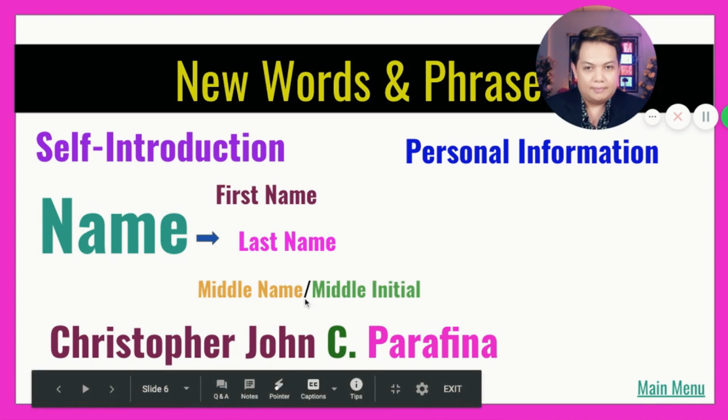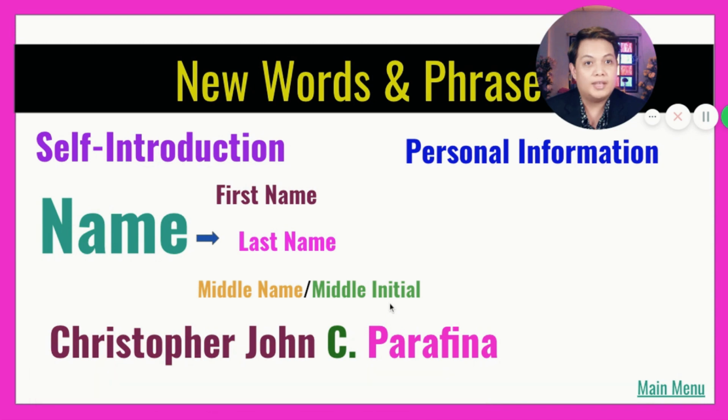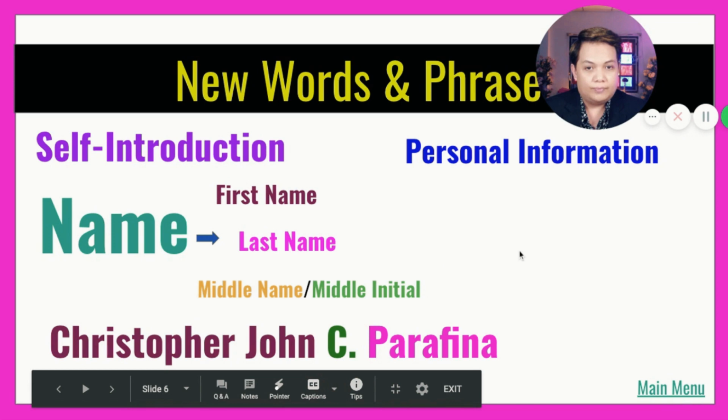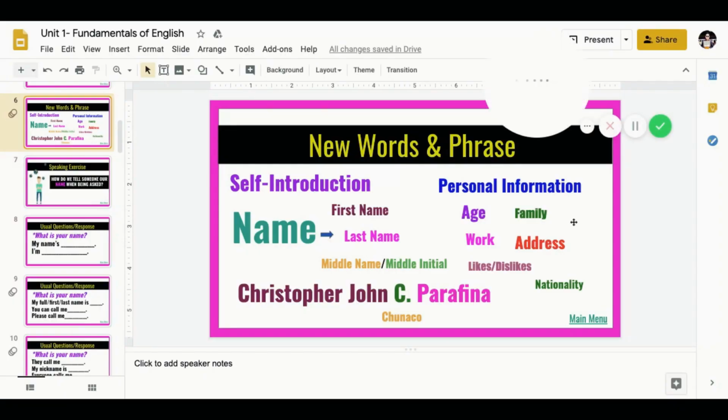And the middle name or middle initial: when there is only a single letter over here, it's called middle initial. Say it with me again, middle initial. Thank you. Now, once you have a full word, C means Chunako, so Chunako becomes the middle name.